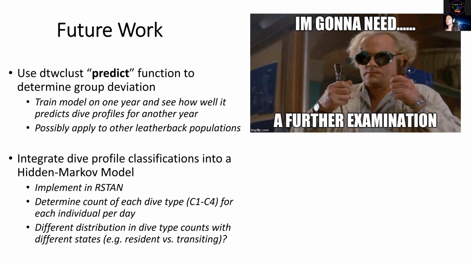And then the final next step, this is a chapter in my dissertation. So the big next step is actually to integrate these dive profile classifications into a hidden Markov model. And I'm not sure if you guys know what that is, but behavioral models have become quite popular for movement data sets.